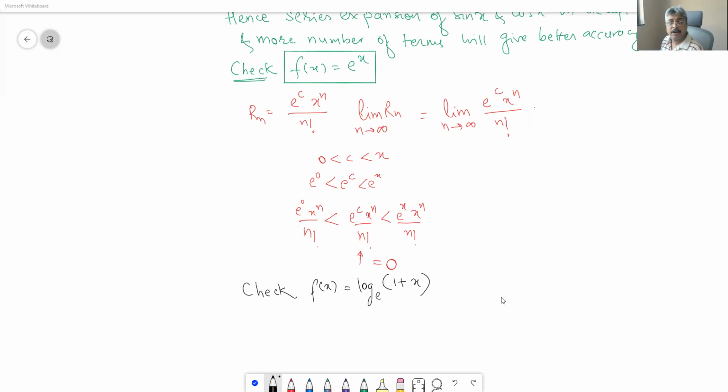First of all, you have to find out the nth derivative. Secondly, what is the domain of definition of this function, because it is log 1 plus x. So x can start a little more than minus 1 and can tend to plus infinity. Less than minus 1 or equal to minus 1, the value of x is not acceptable. So the domain of definition of f of x is the open interval minus 1 to plus infinity.